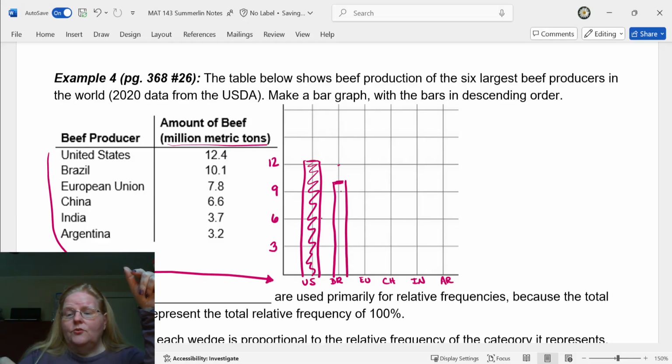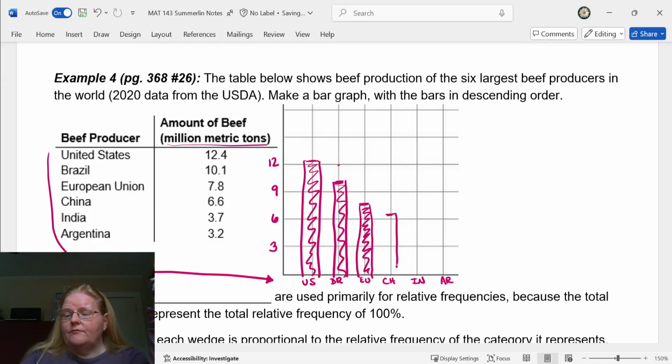For the EU, it's 7.8. So I don't want to go just up to 6. I got to go up to 7. I don't want to go up to 8, but a little bit below 8. A little bit more than halfway. China, 6.6. More than 6.